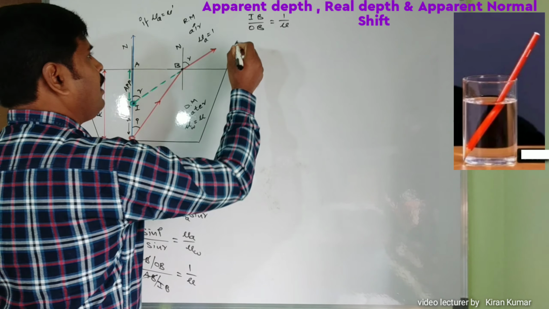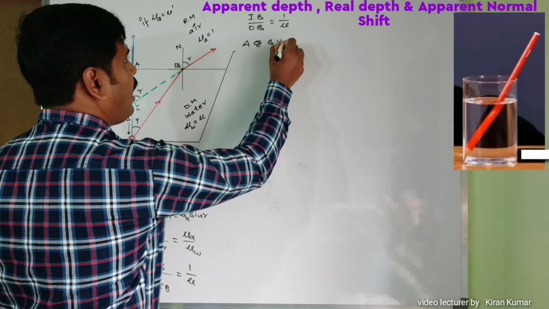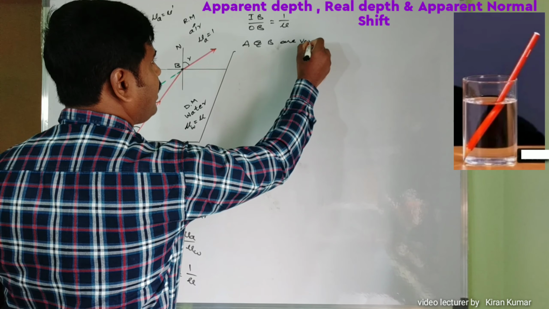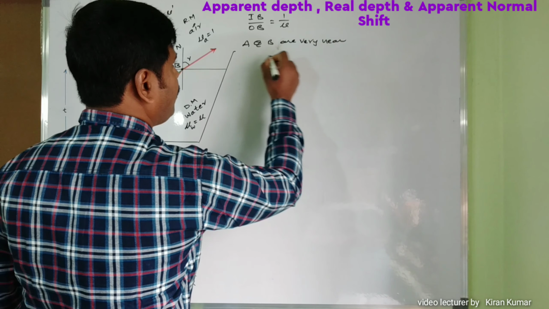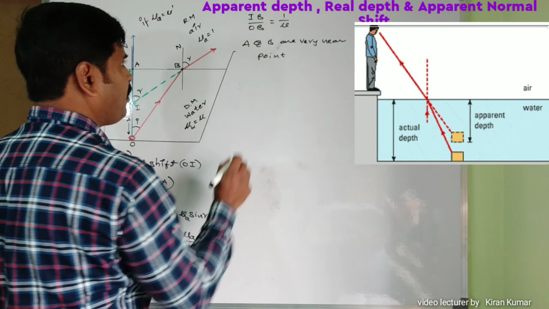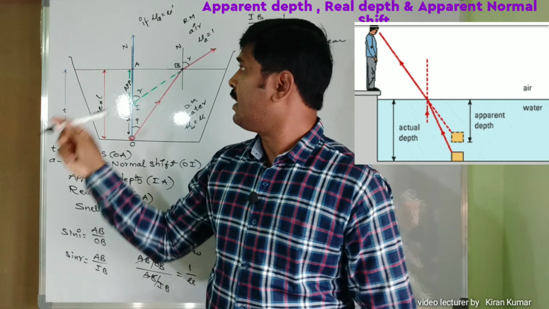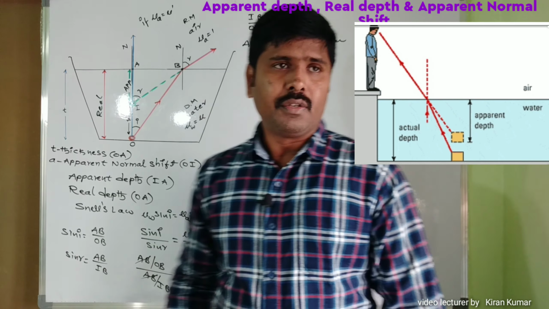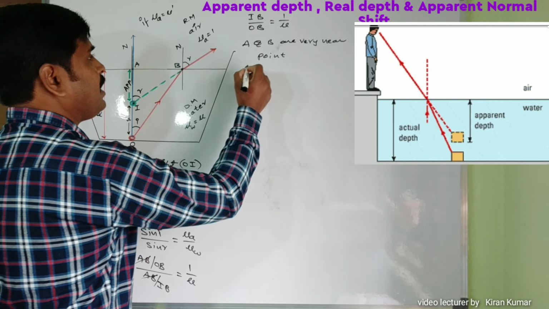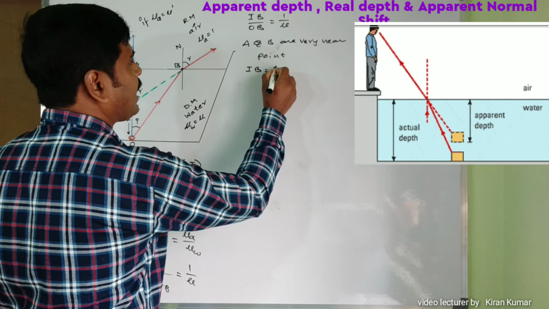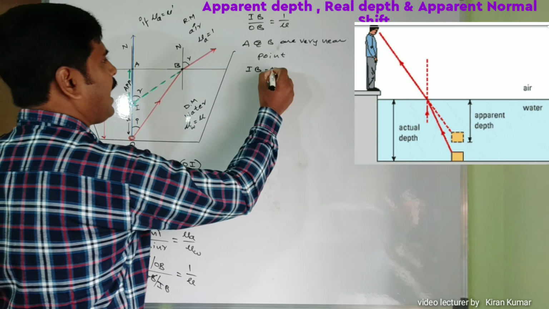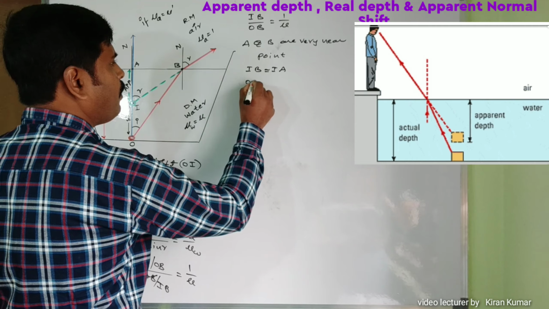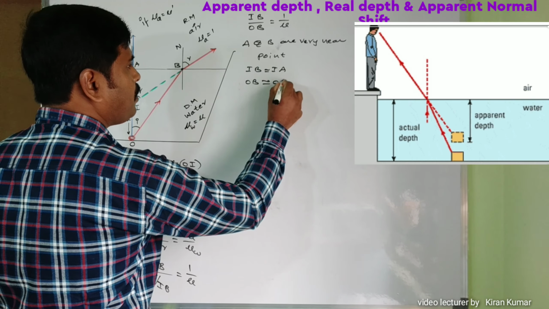Here A and B are very near points. Actually, for derivation purposes we consider a certain distance between A and B, but actually A and B are very near, so we can modify the values here. IB is approximately equal to IA, and OB is approximately equal to OA.